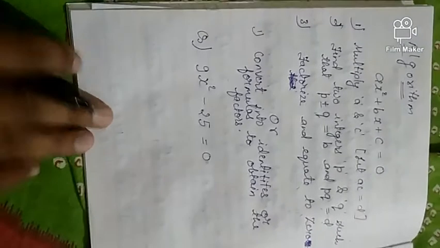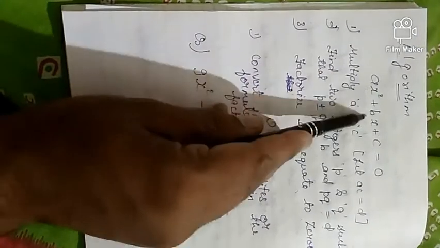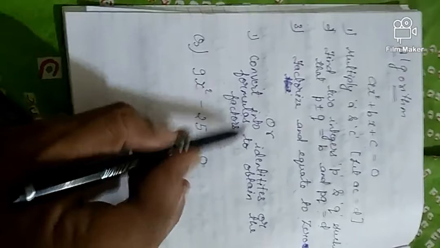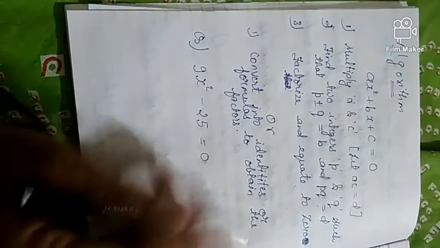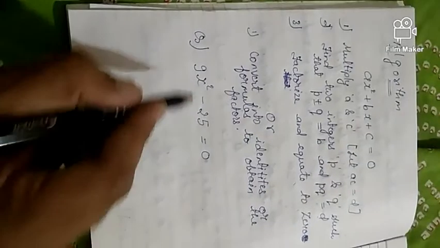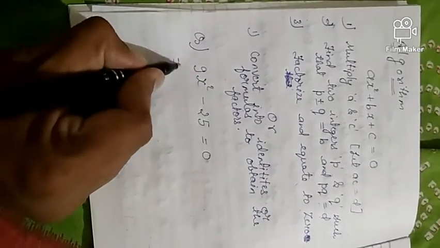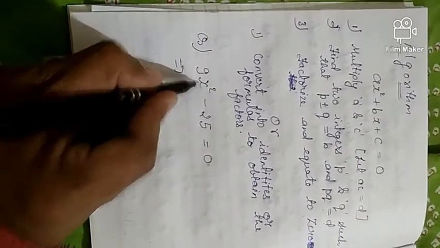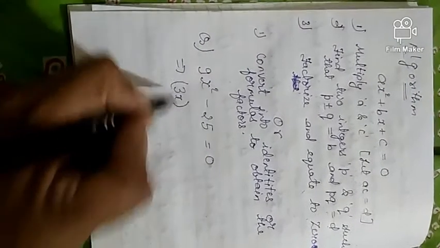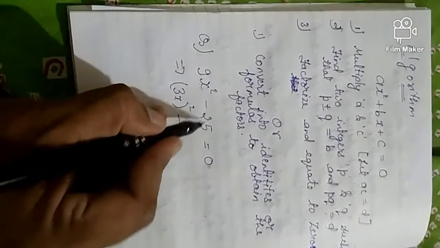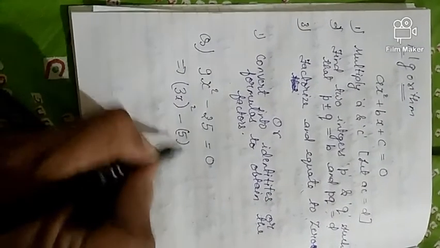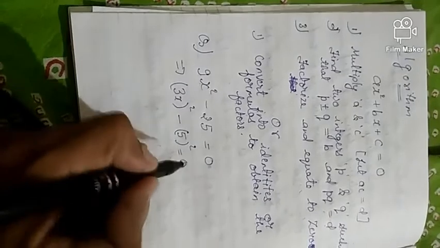So it's not of the general form ax square plus bx plus c, so I cannot multiply a and c and do all this. But can I convert it into any identity or formula or expansion? Yes, I can. If you notice carefully, I can write 9x square as 3x whole square, minus 25 I can write as 5 square, equating to 0.